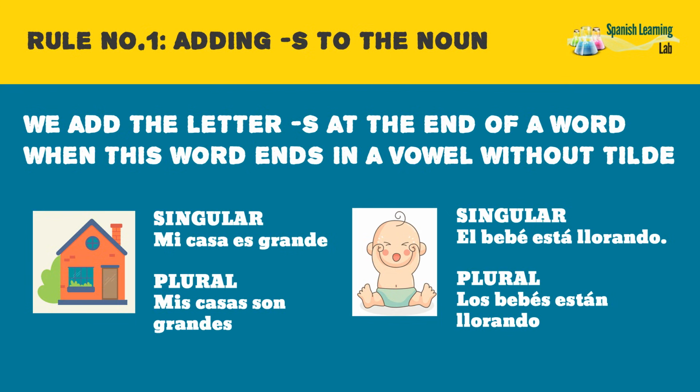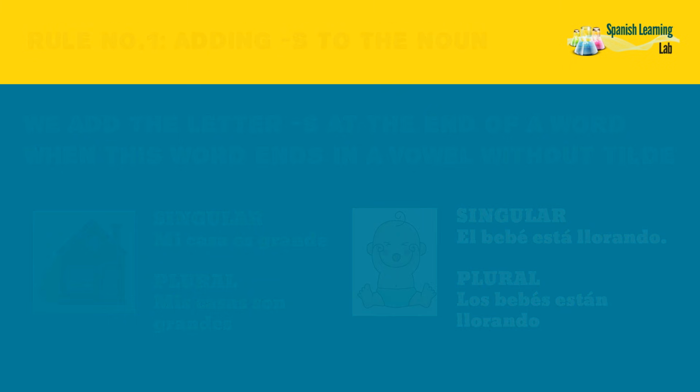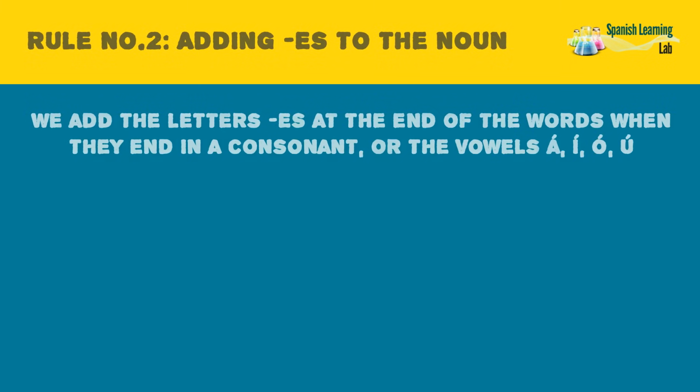Bebé. El bebé está llorando. Los bebés están llorando. Notice how the nouns casa and bebé change to casas and bebés, respectively, in these sentences.